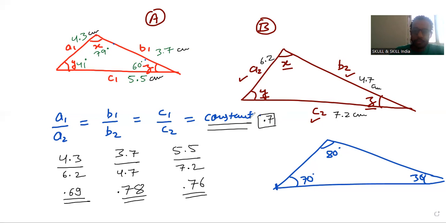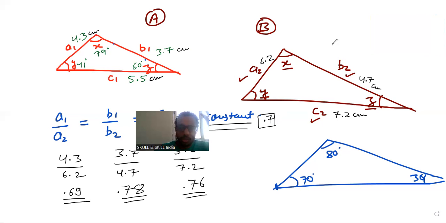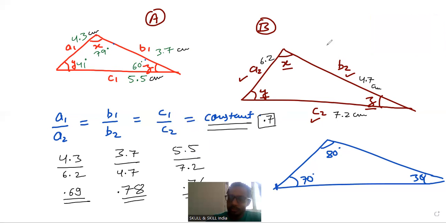Now this discovery, what you just did, it actually means this. Think about it. A2 times 0.7 is going to give you A1. B2 times 0.7 is going to give you B1.